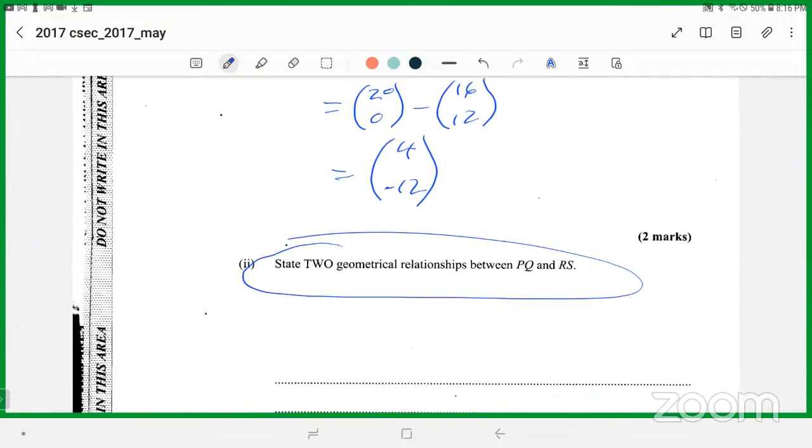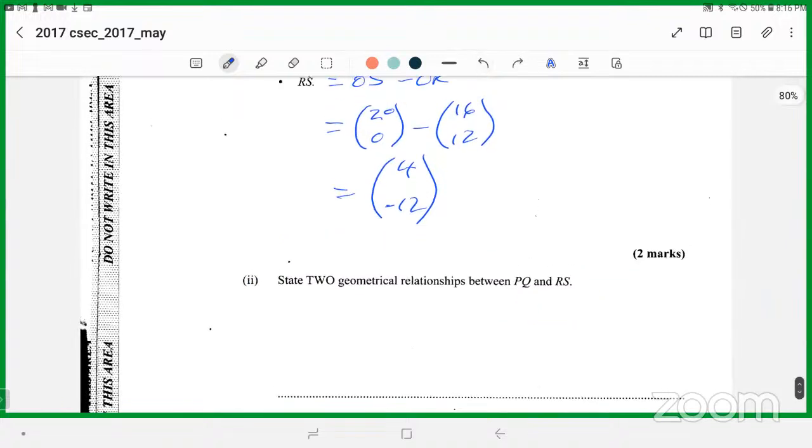State two geometric relationships between the two vectors. Let's write them down. The PQ was what again? 1, -3, yes. And the RS is 4, -12. It's clear that this one is the bigger one. It is equal to 4 times the smaller one.